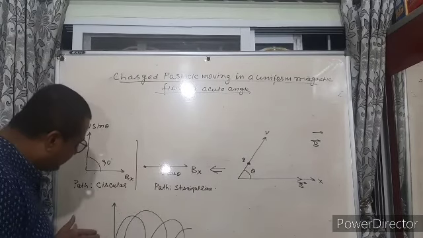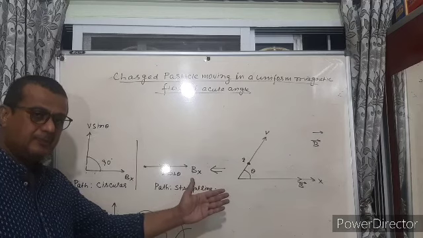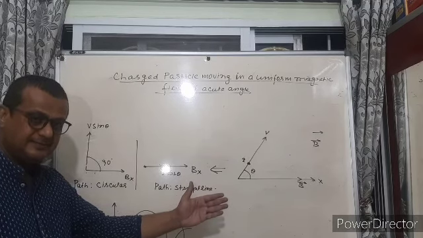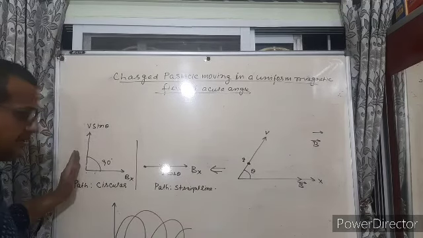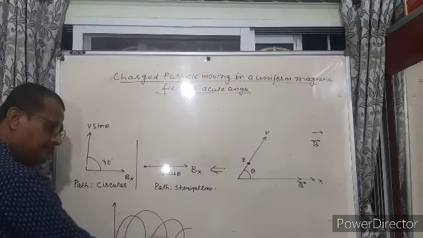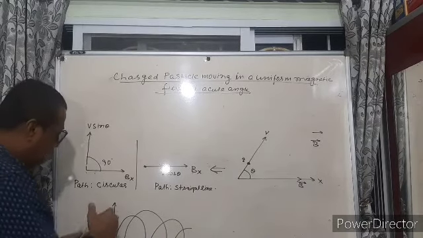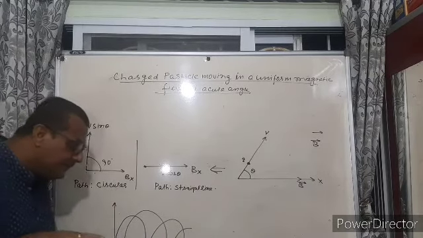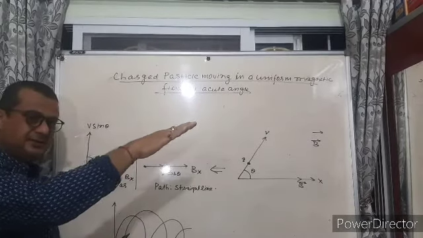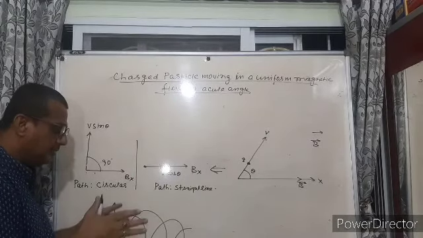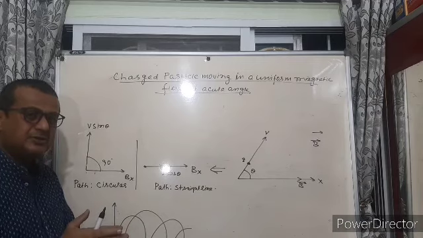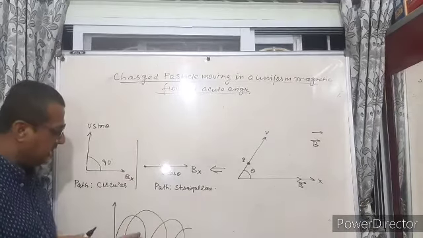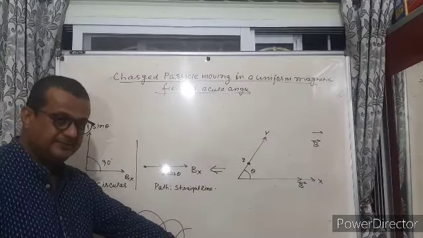This component makes its movement along the x-axis, and this makes it circular, but this circular shape moves along the x-axis. That's why the combined effect of both changes the shape, and that shape is called helix.